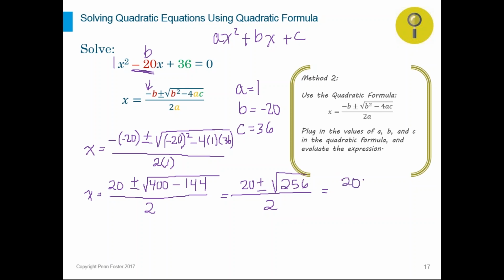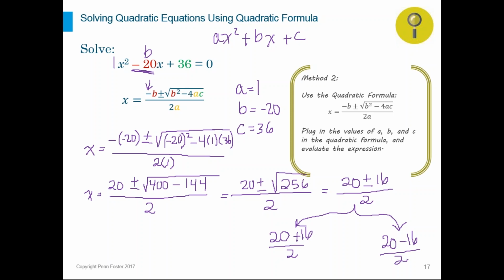So 20 plus or minus 16 over 2. At this point, I need to do two arrows here. Once, I'm going to add 20 plus 16 over 2. And the other option is 20 minus 16 over 2.